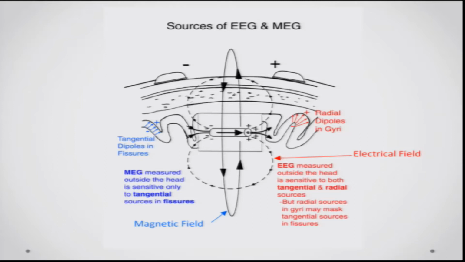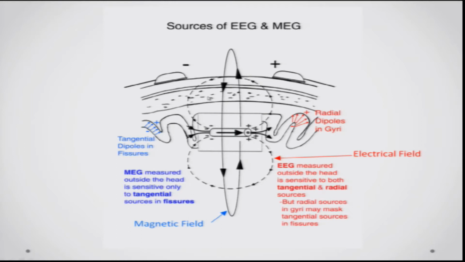So, what are the sources of EEG? And MEG is the coexisting magnetic field with this electrical current, called magnetoencephalography. We put scalp electrodes and measure the EEG. We put electrodes slightly away from the scalp and measure the MEG. EEG measured outside the head is sensitive to both tangential and radial sources.